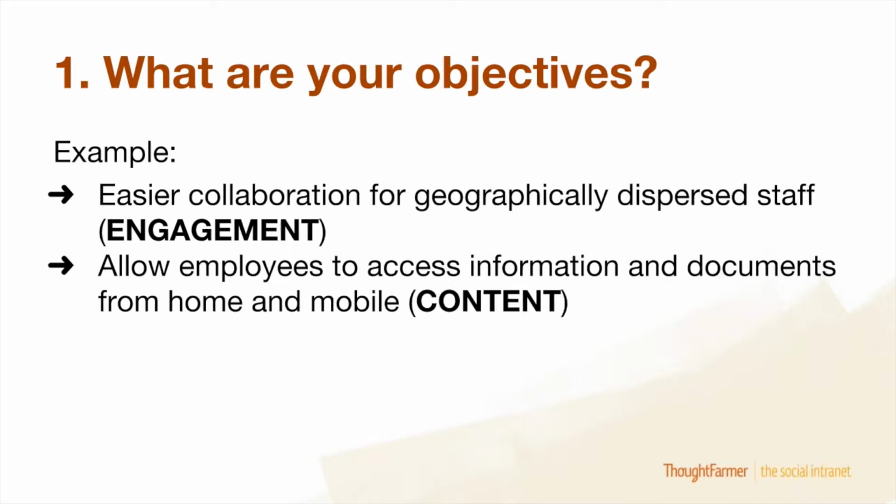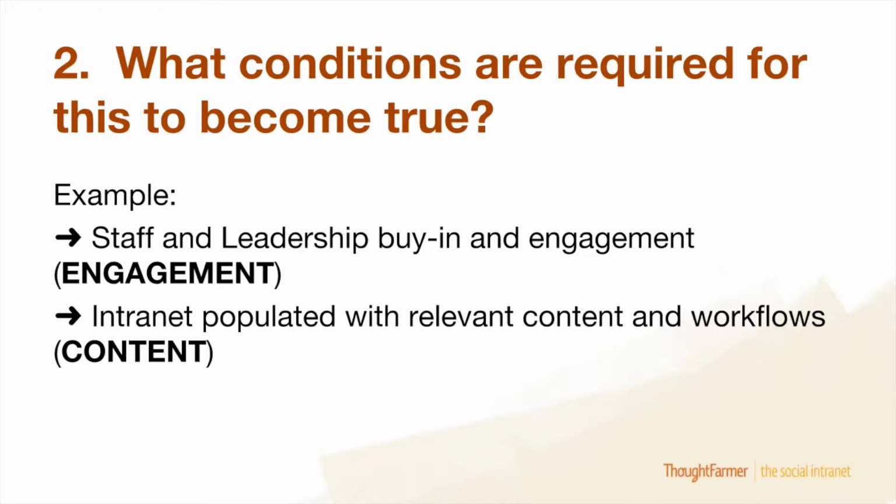We've defined our objectives. Question number 2, what conditions are required for this to become true? Here we're asking ourselves what conditions or environment are needed in order to meet these objectives that you've established for your intranet. Taking those same themes around engagement and content, we have 2 examples of conditions that may be required for the objectives to come true.